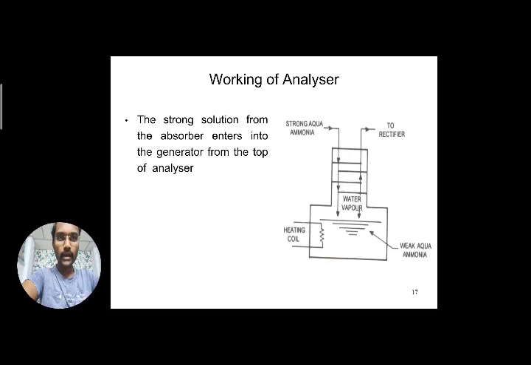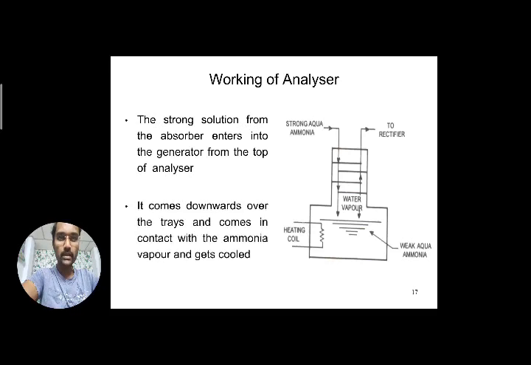Now we'll see the working of the analyzer. The strong solution from the absorber enters the generator from the top of the analyzer. As discussed earlier, it comes downwards over the trays and comes in contact with the ammonia vapor and gets cooled.